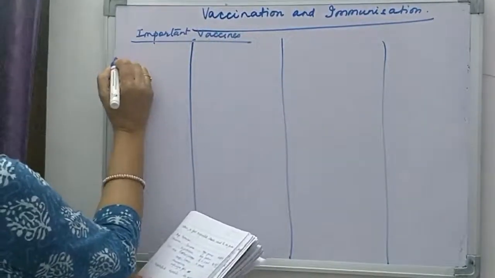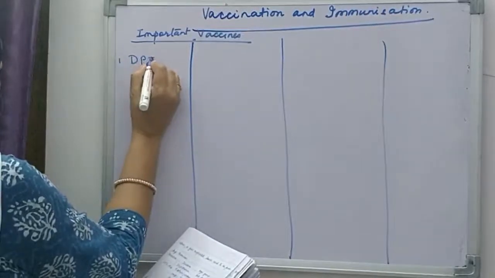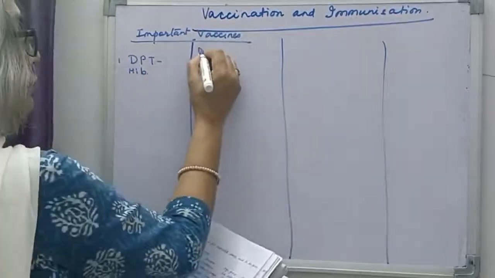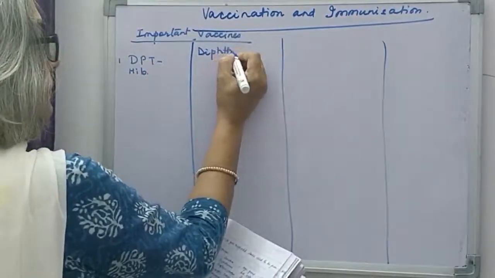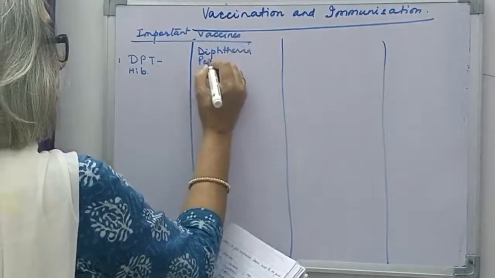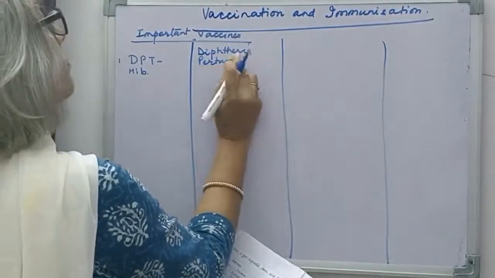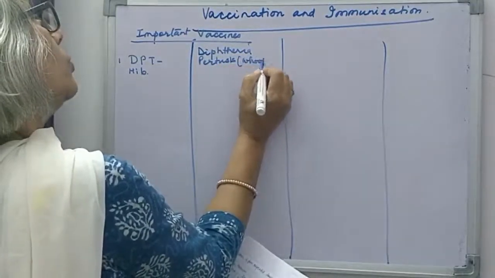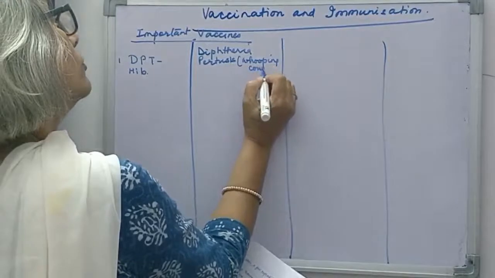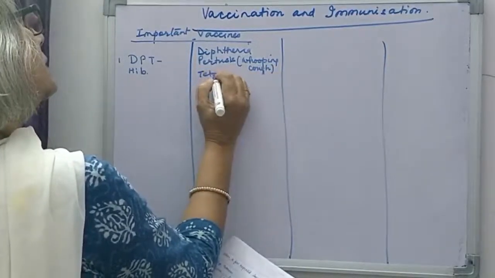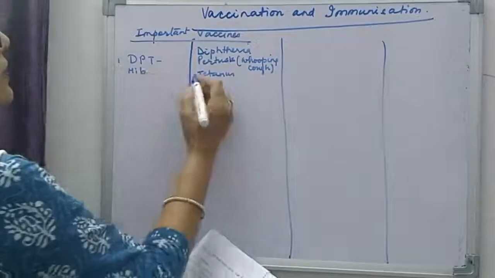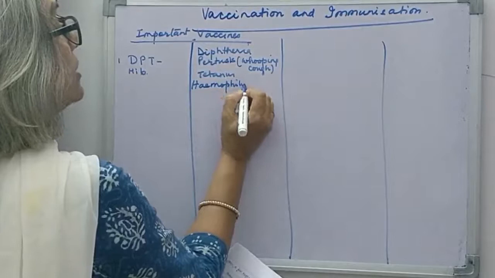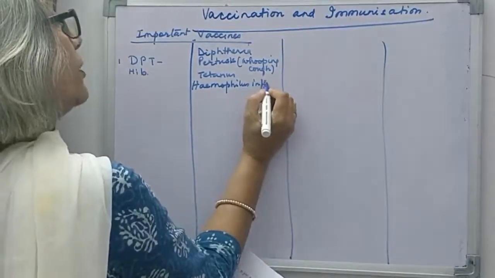First, DPT and HIB. This D stands for diphtheria, P is pertussis, which is also called whooping cough, and T is tetanus. HIB is Haemophilus influenzae of the B type.